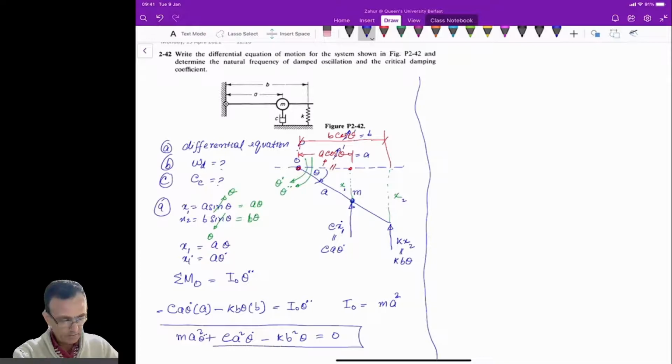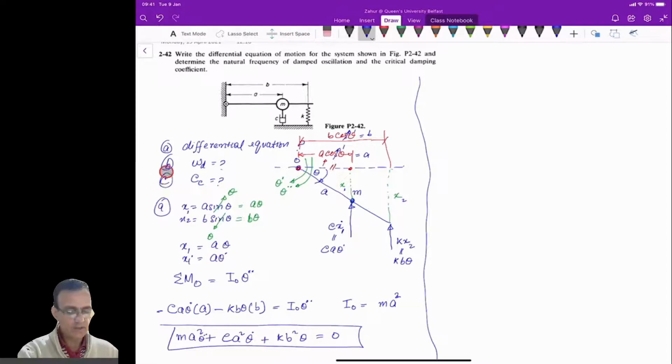This is the equation of motion, which is what we needed to calculate.